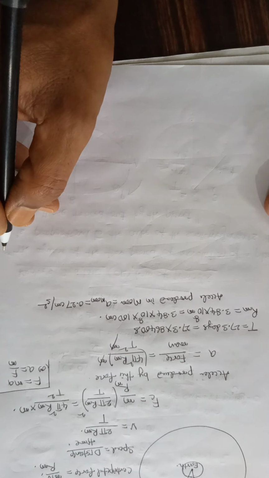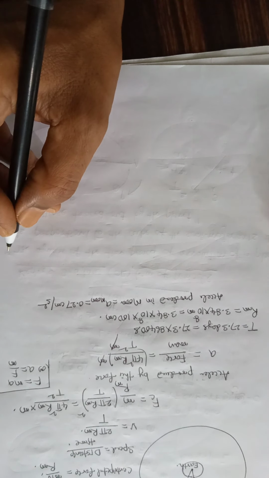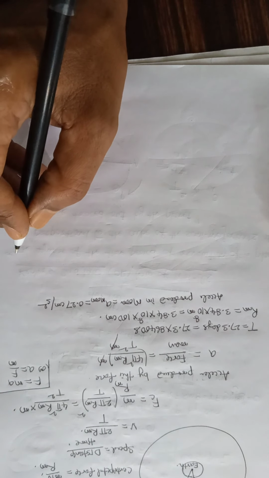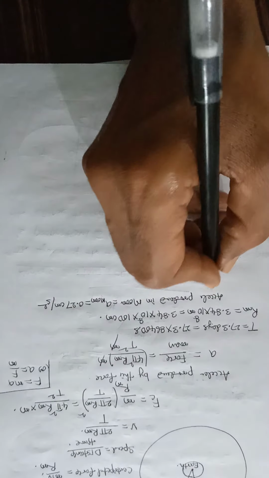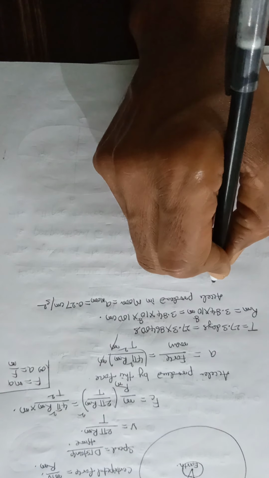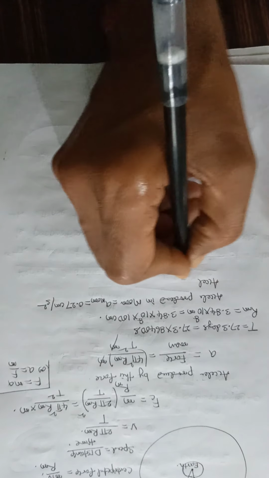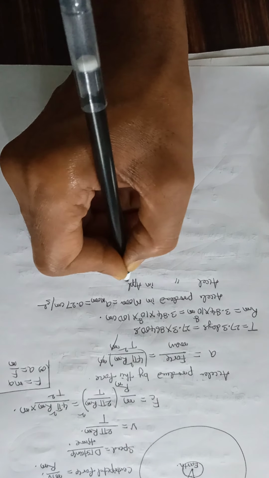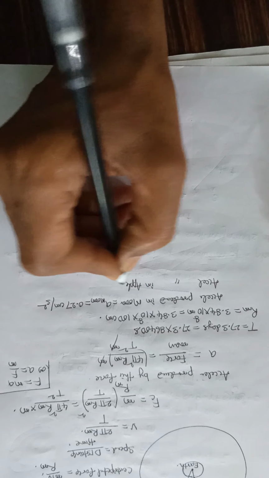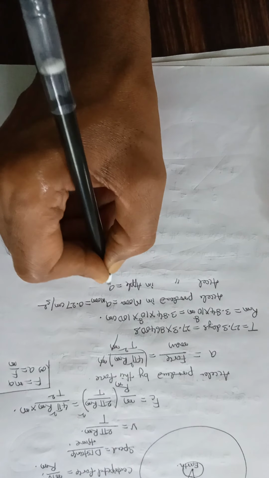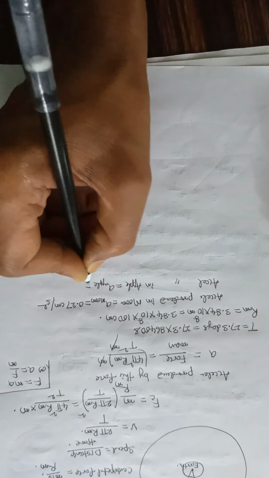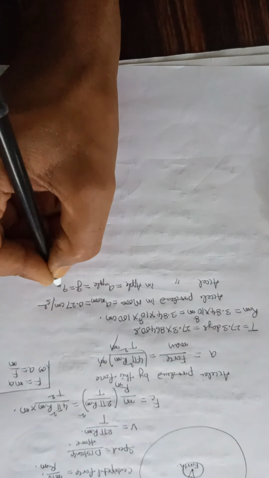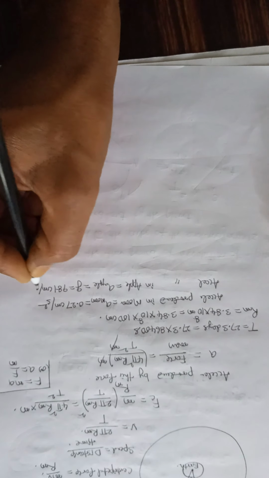Similarly, for the apple, how much acceleration is produced by the attracting Earth? That we know. Acceleration produced in the apple by Earth is nothing but the g value, that is 981 centimeter per second square.